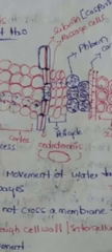Okay, so these are the cells of the endodermis, and these are the Casparian strips. Do you understand? The Casparian strips are a layer, and next come the xylem and phloem.